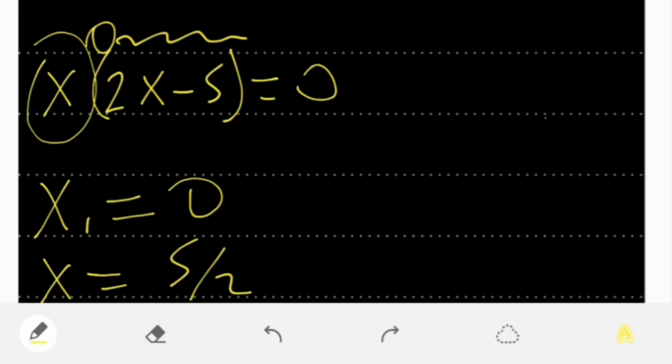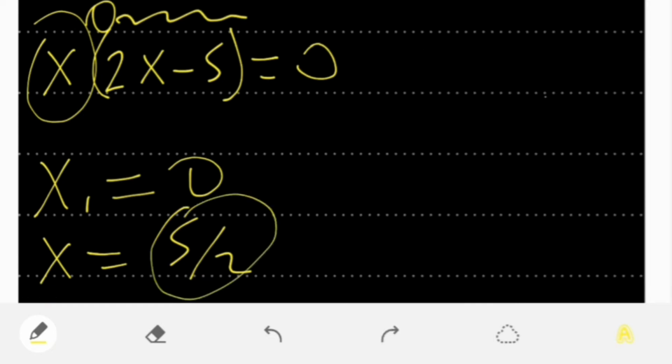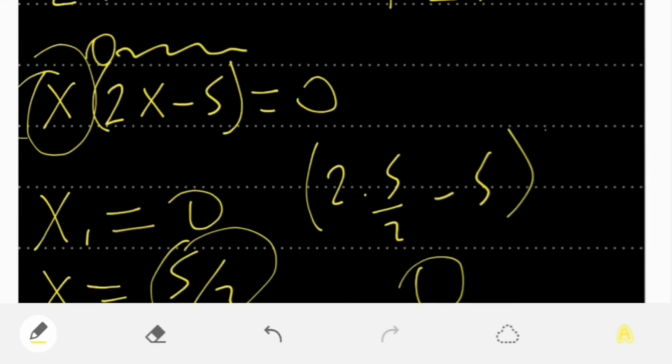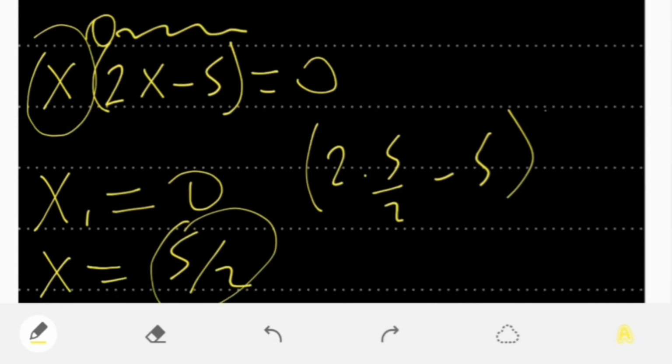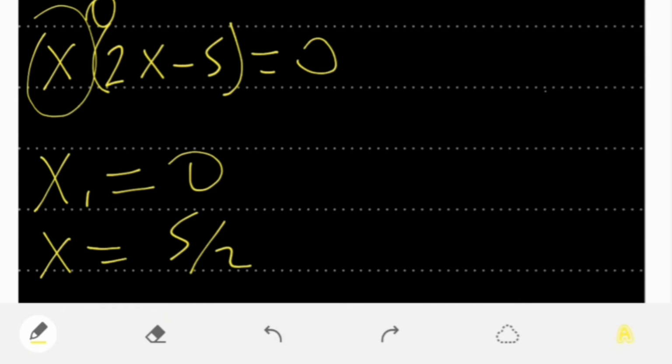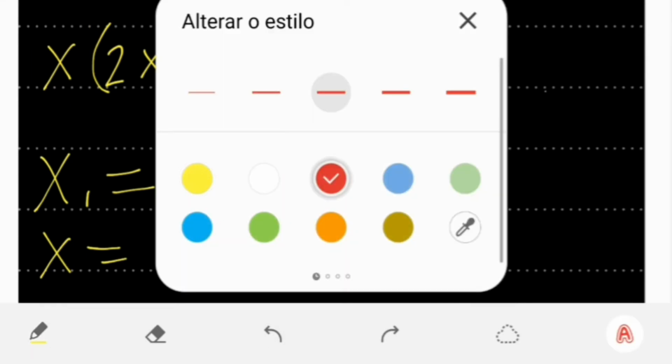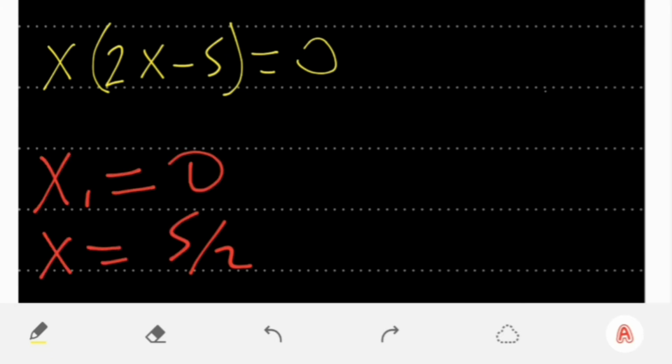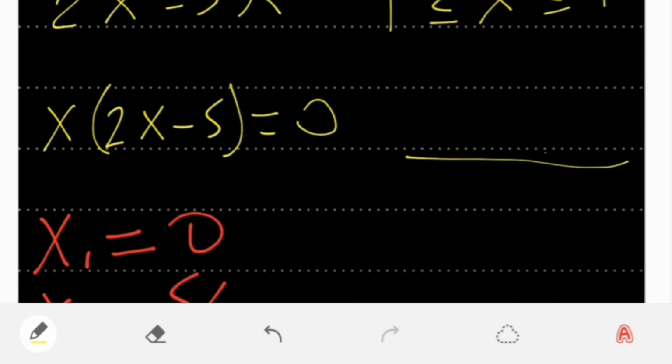And if x was 5 divided by 2, we would have 2 multiplied by 5 divided by 2 minus 5, which would be 0. And 0 multiplied by anything would be 0 too, okay? So these are our solutions for where it cuts the x-axis, not the solutions for the question.